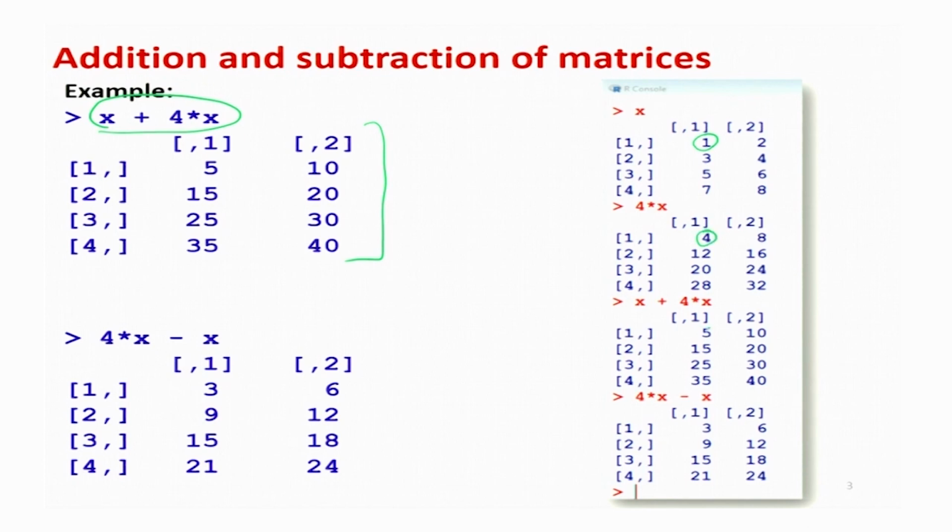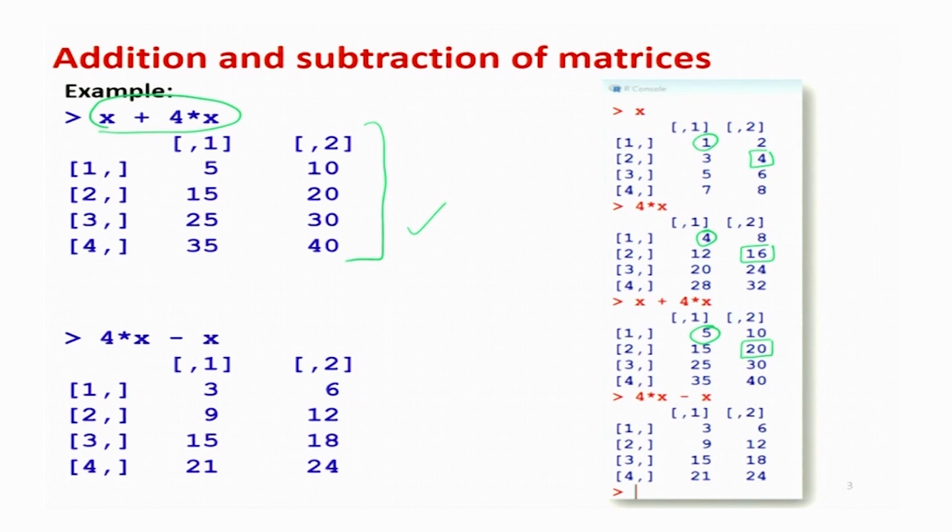So this becomes 1 plus 4, which is 5. Similarly, the element in the second row and second column, which is 4 in x and 16 in 4x, are added together and you get 4 plus 16, which is 20, and so on. This is how the addition of two matrices is obtained.